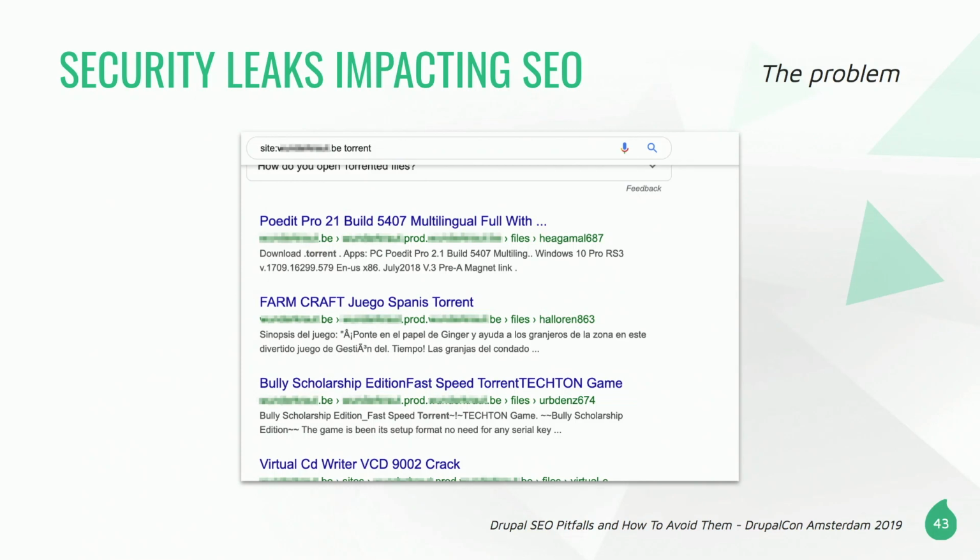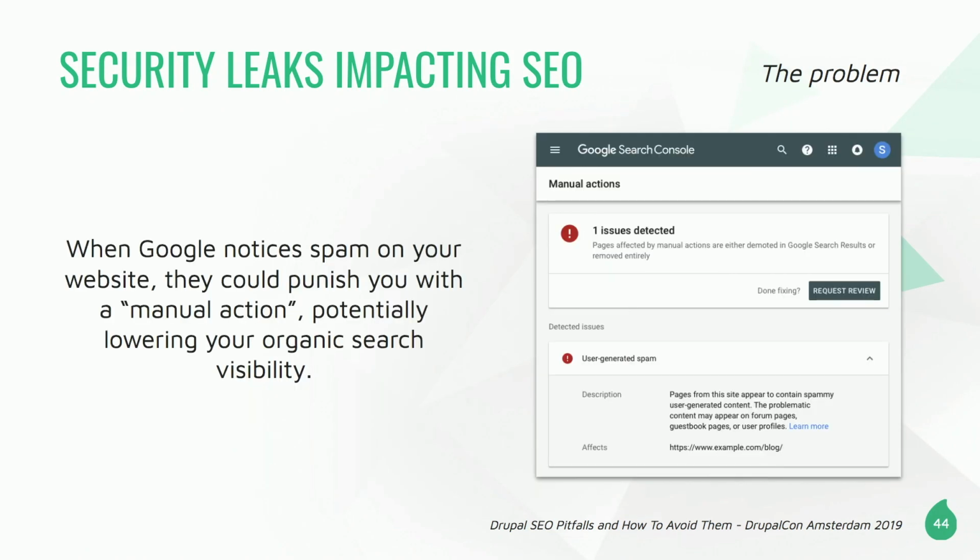So we have a screenshot here from our competition, which we blurred to be a bit friendly to them. And they have a lot of torrents and hacks on their live site. So these are just spammers or robots that uploaded in a field that wasn't secure. So this results in cracks and torrents and things like that on your website.